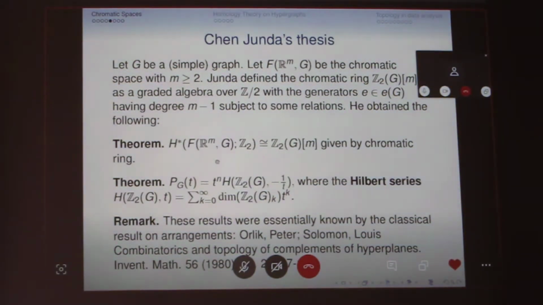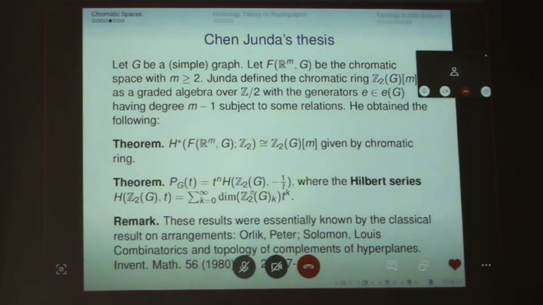Okay. So now we get a ring, which is a graded algebra. Now you count the dimension for degree k, and put t to the k, the same definition, and sum up. The way of computing this, the ring algebraic part and the topology part, is through the Poincaré series. I think this was also done a few years ago in Junda Chen's thesis.